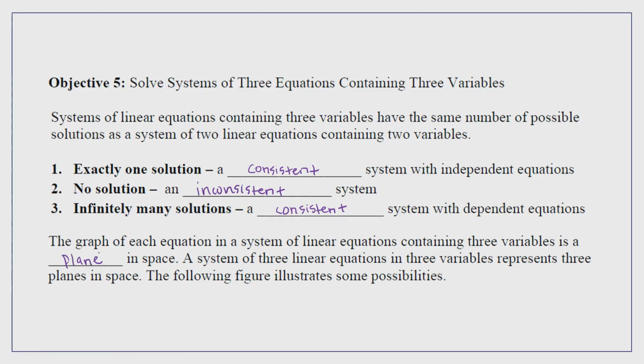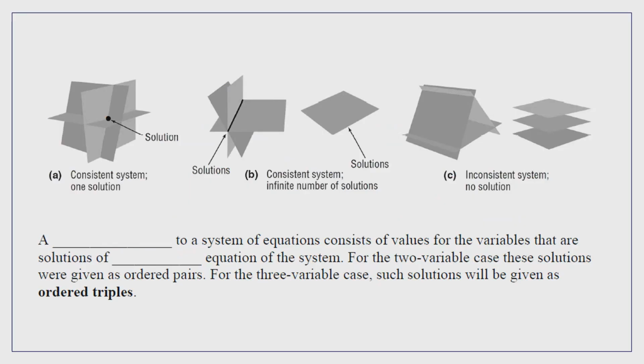in space. A system of 3 linear equations in 3 variables represents 3 planes in space. The following figure illustrates some possibilities. For A, we have a consistent system where 3 planes intersect at one solution. For B, we have a consistent system with infinitely many solutions, where you could have 3 planes that intersect along a line, and a line has infinitely many points, therefore infinitely many solutions.